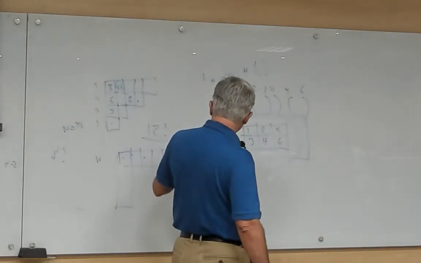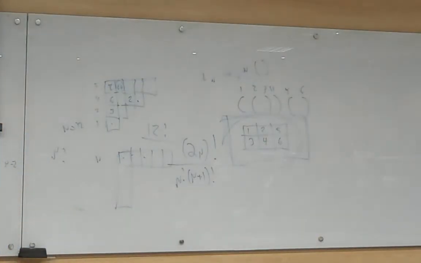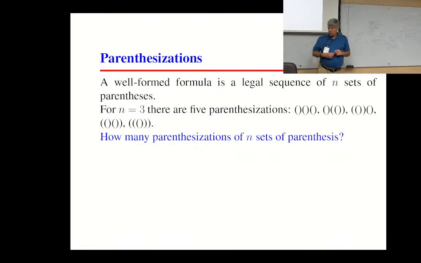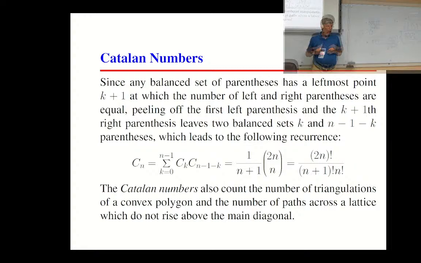Now, let's go back to how you did count the Catalan numbers. If we go back to the Catalan numbers, what was the right way to count them? The right way to count the Catalan numbers was to come up with a recurrence relation.